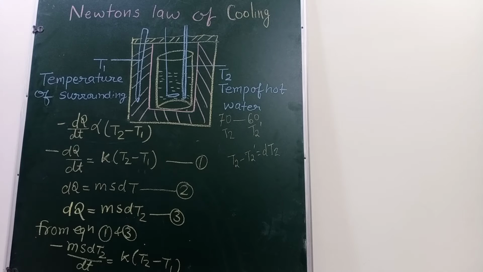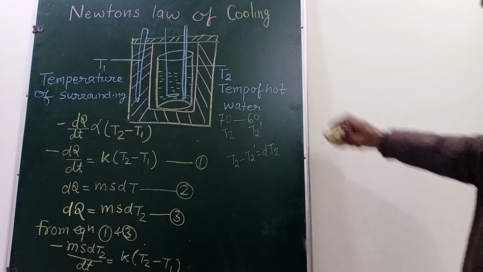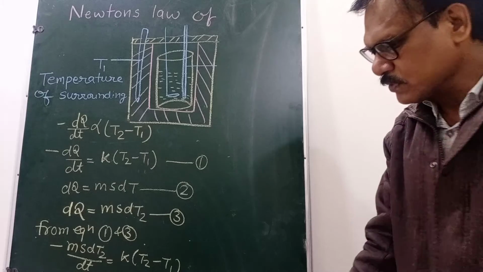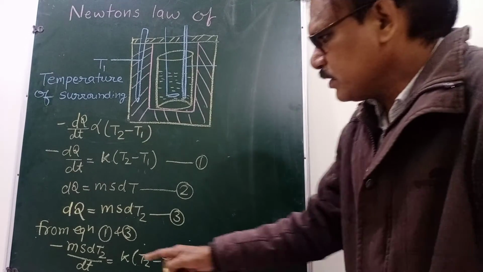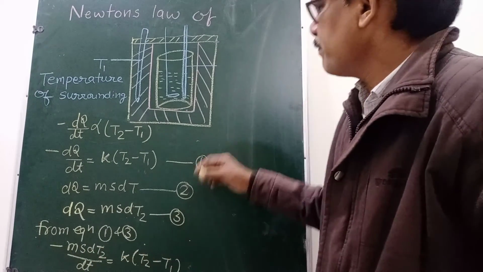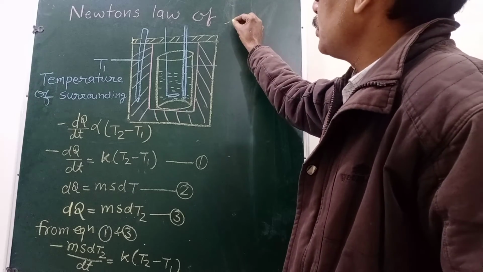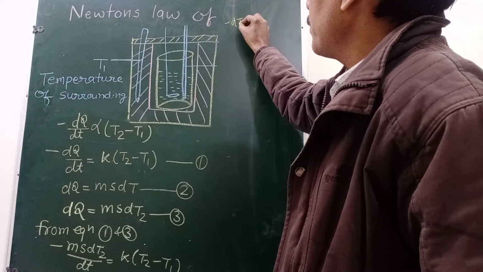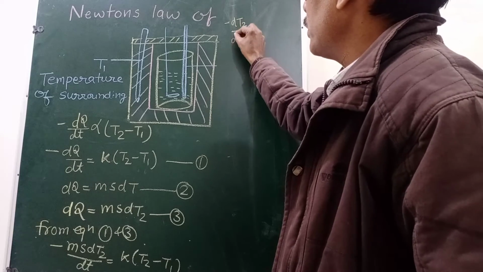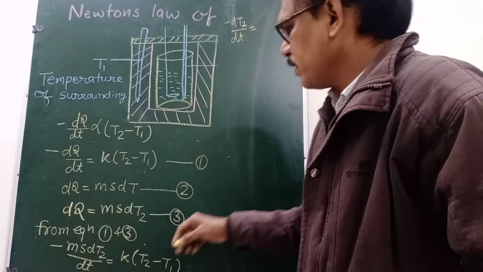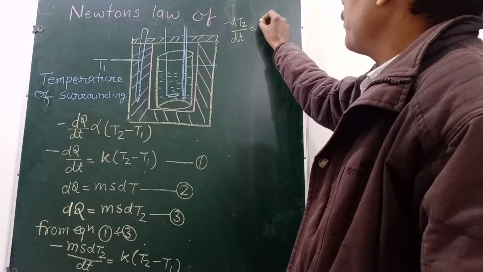Then we can rearrange it. After this m s, you bring it here: minus dT2 upon dt stays there, but this m s we bring to the denominator of k.